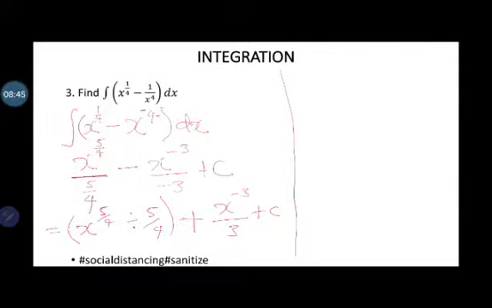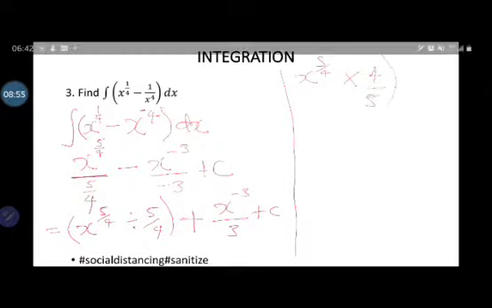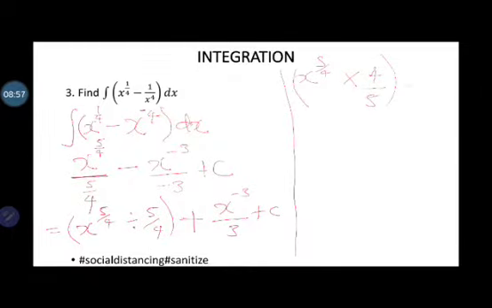Then this is x to the power 5 over 4. You change the sign, you swap or reciprocate this one to be 4 over 5 plus x to the power minus 3 over 3 plus c.